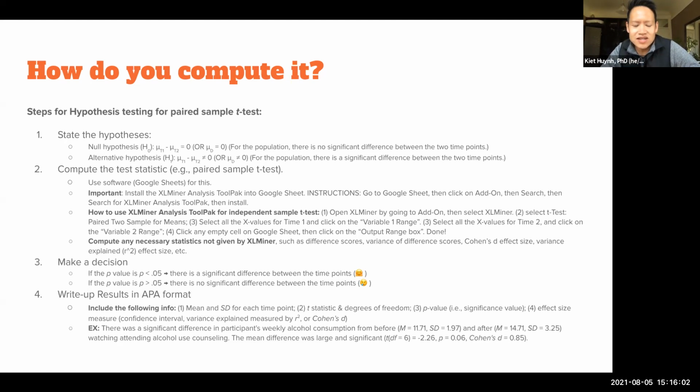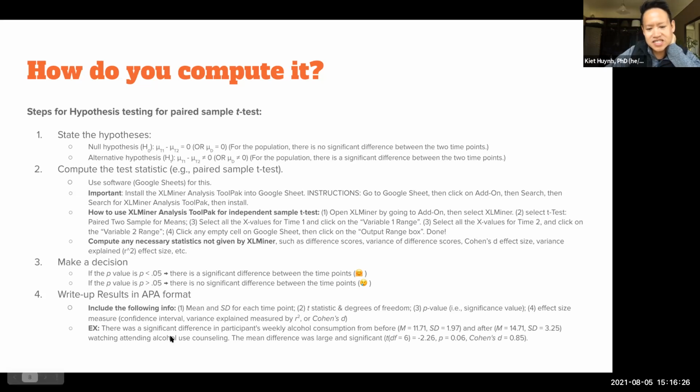And the way you write the results in APA format, APA standing for the American Psychological Association, is very similar to the independent sample t-test. You have to write the mean and standard deviation for each time point. You have to include the t-statistic and degrees of freedom, the p-value, and the effect size. And here's an example of how that might look.